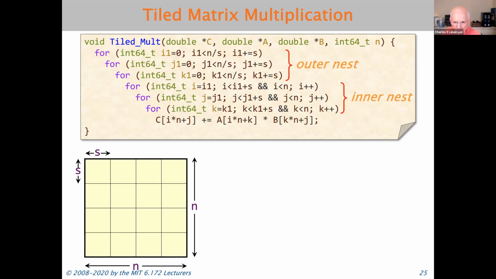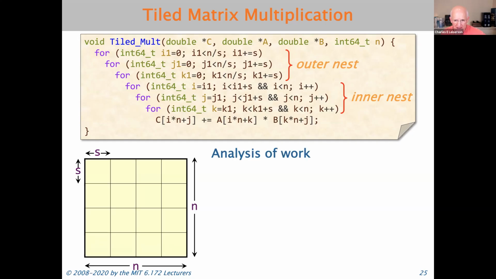The outer nest walks through the tiles of A, B, C just as if it's doing ordinary matrix multiplication. But when it needs to multiply two tiles, it uses the ordinary S by S algorithm on the tile elements, which are indexed by I, J, and K.